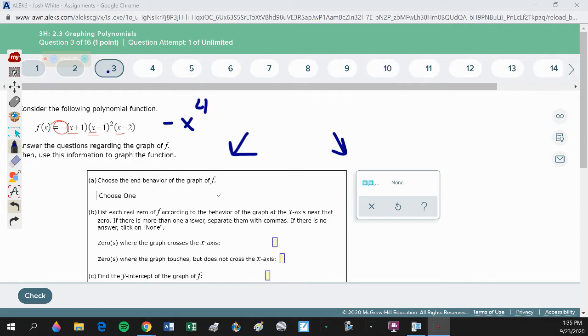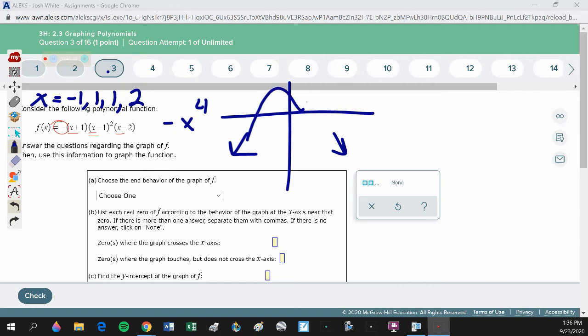Where does it touch the x-axis? At -1, 1 twice, and 2. So if I draw that graph, we're going to hit at -1, we're going to bounce off 1, and then go through 2.